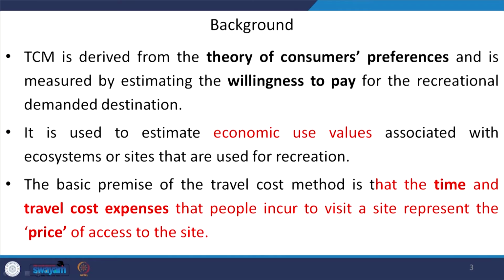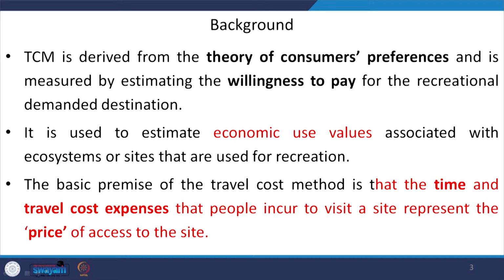So, let us understand the background of this method. As you understand, these revealed preference methods are generally applicable to estimate the use value of the environment. TCM is also doing the same, and moreover the TCM is used in estimating the willingness to pay, especially for a recreationally demanded destination or a site where recreational activities are performed.